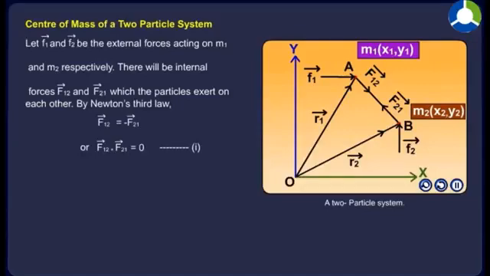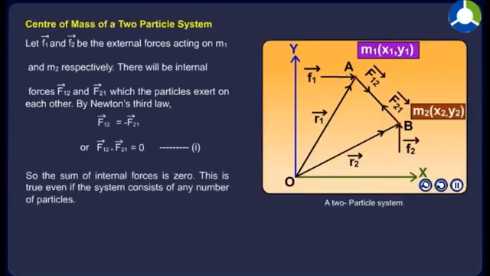By Newton's third law, F12 is equal to minus F21, or F12 plus F21 is equal to 0, equation 1. So, the sum of internal forces is 0. This is true even if the system consists of any number of particles.